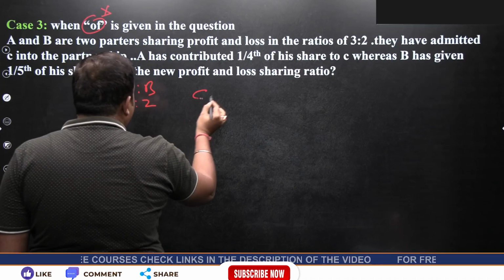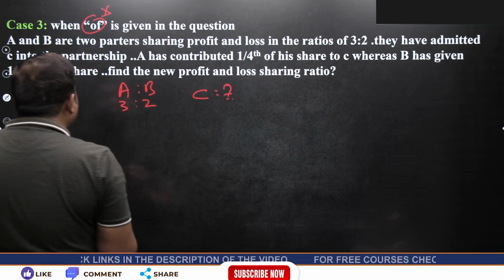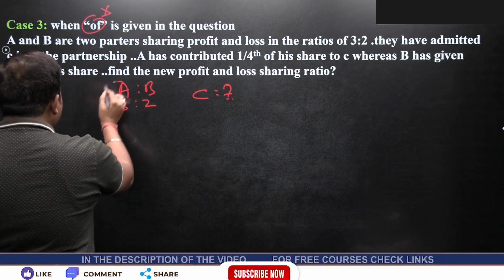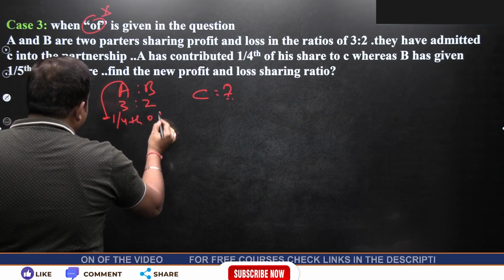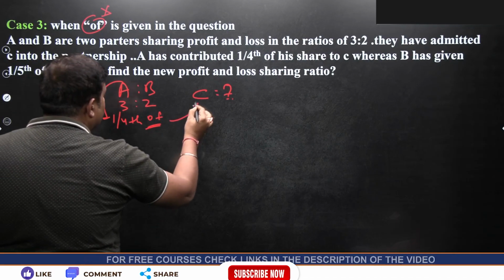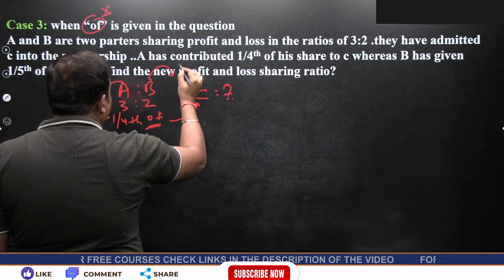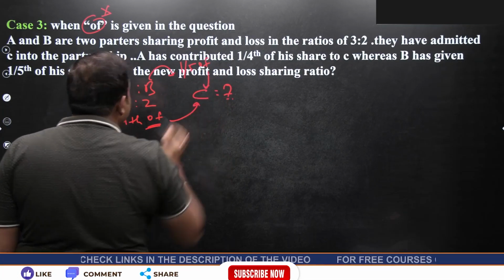C is joining the firm, but his share is not defined. But it is given in the further statement that A is going to contribute 1/4 of his share in favor of C, and B is going to contribute 1/5 of his share in favor of C.